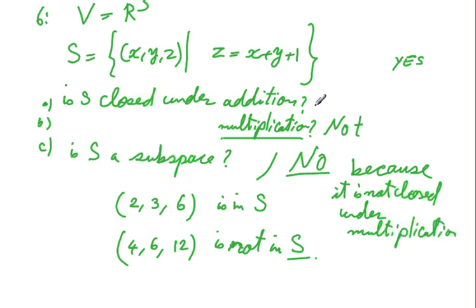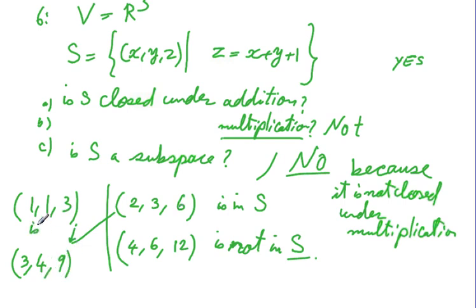Now, how about the answer to the first one? Give me another member of this set. Actually, that one would do too, but just for 1, 1, 3. Now, if a set wanted to be closed under addition, when I take these two and add them, what would I expect to get? Well, let's add them. 1 and 2 is 3. 1 and 3 is 4. 3 and 6.